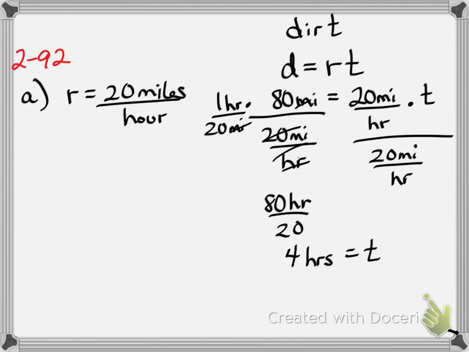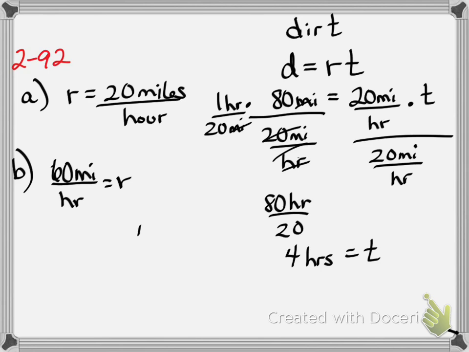B part, now suppose you're driving at a steady rate of 60 miles per hour. So 3 times as fast. How long will it take you to drive 80 miles? So for 3 times as fast, we would get there 3 times faster.